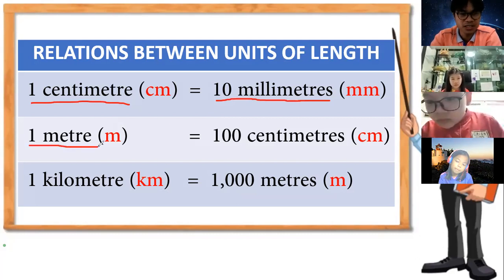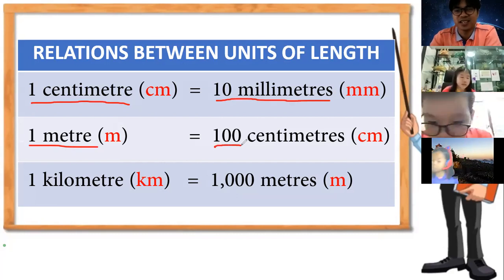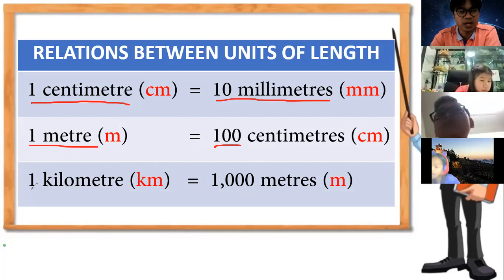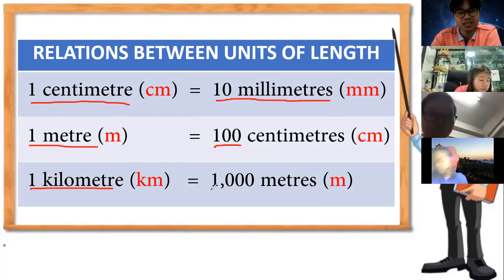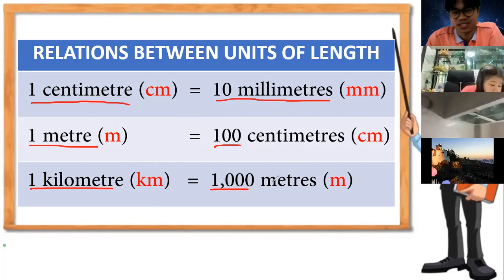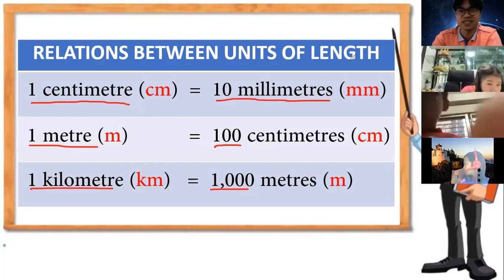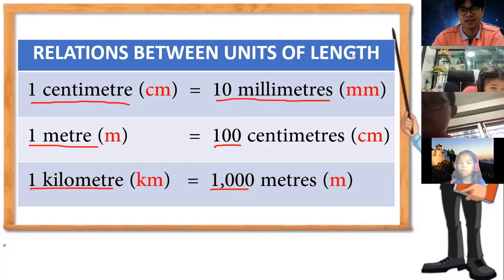One meter, how many centimeters? Equivalent to 100 centimeters. And one kilometer is equivalent to 1,000 meters. Memorize that so that it is easy for you to convert units of length.